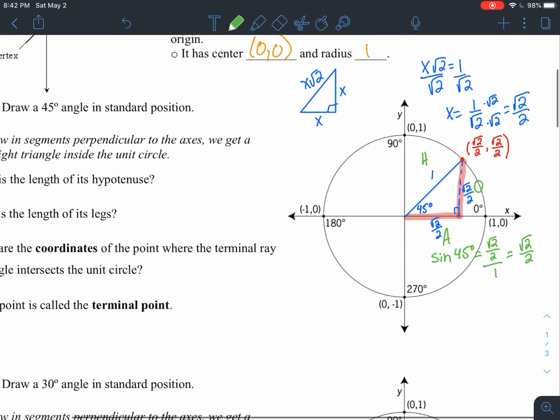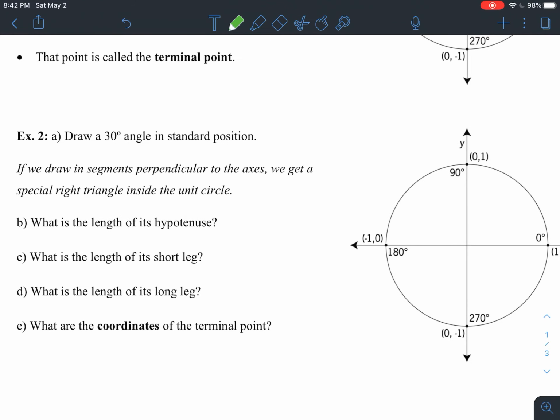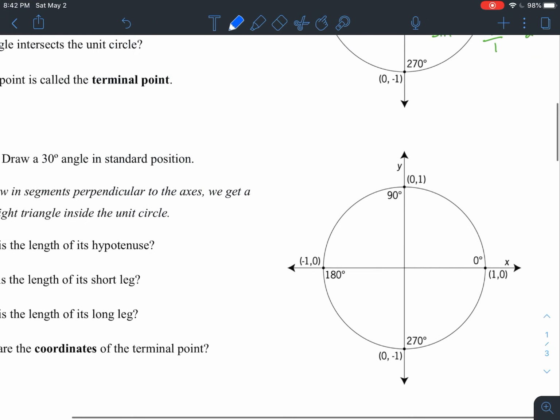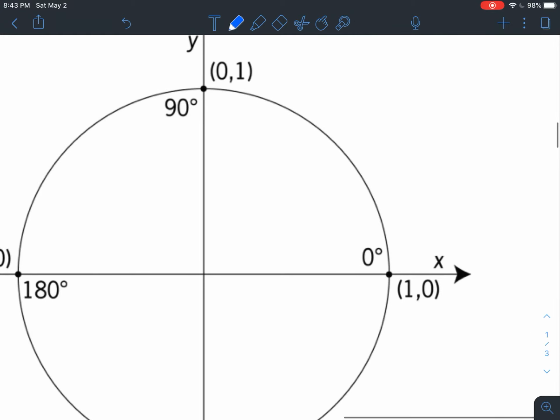Okay? So, continuing on to example 2, for a 30-degree angle, we're going to be doing the same thing. We're going to draw in our 30-degree angle, drop a perpendicular to make a right triangle in our unit circle, and then work our way around. So let's start with that same first step. Let's look at a 30-degree angle in our unit circle.